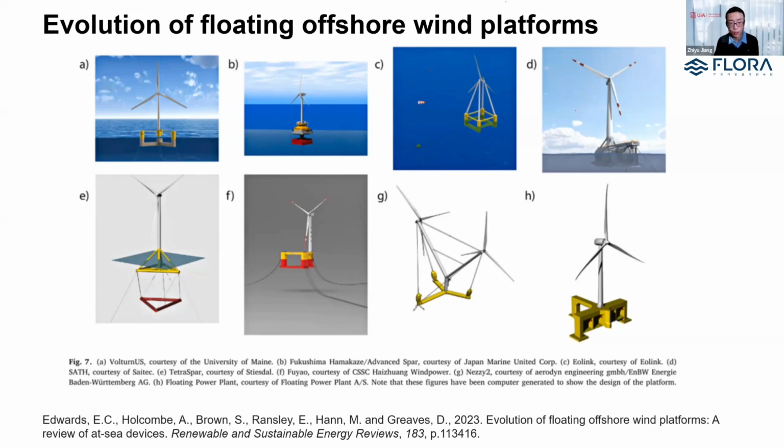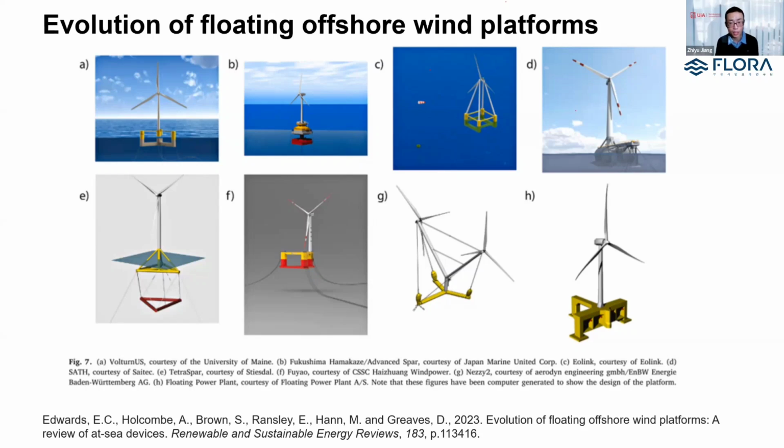So yeah, it also uses a keel. As you can see here, this red triangle is basically a ballast weight that is lowered to a certain depth, so as to reduce the center of gravity of the platform, such that it can have a buoyancy restoring mechanism, like a spar platform.